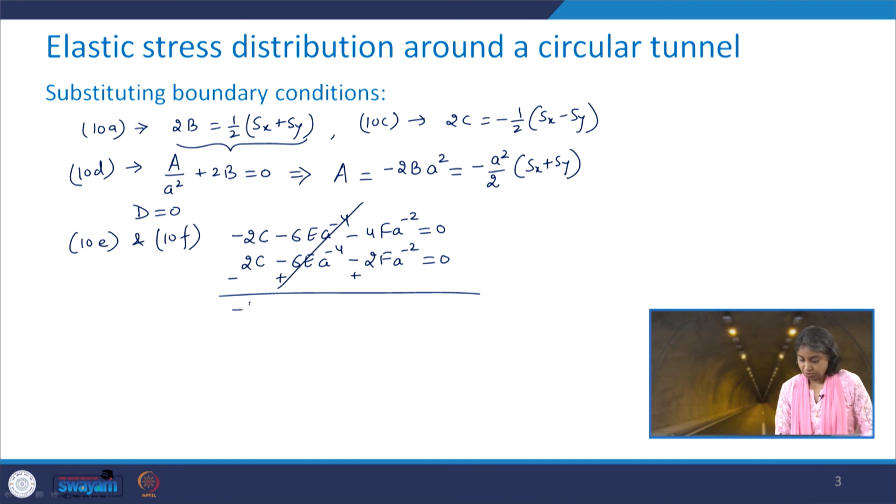So this is going to be minus 4C minus 2F a to the power minus 2 equal to 0.